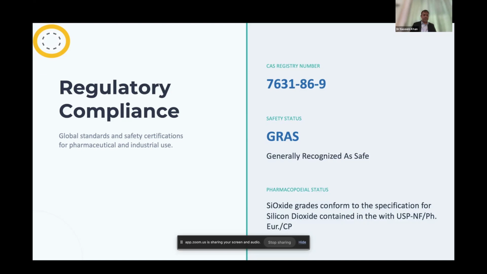So the pharmacopoeia status is quite safe. Now we are in the process of USDMF as well, so maybe in the coming time you can see us on the list of USDMF.